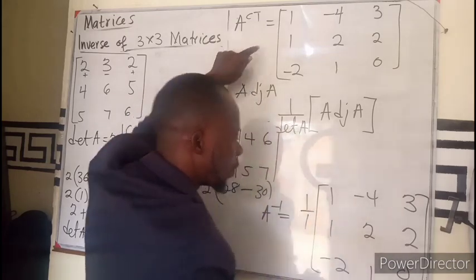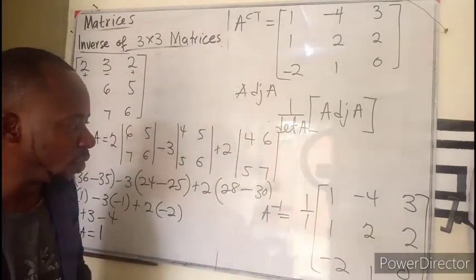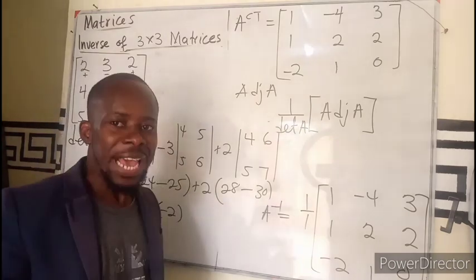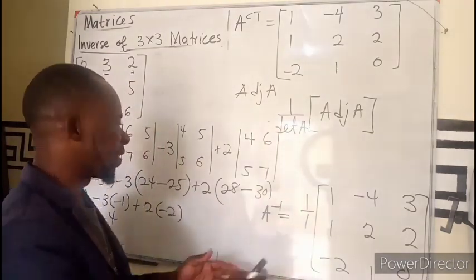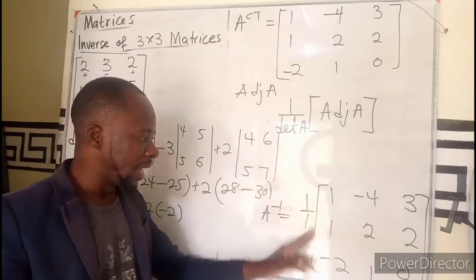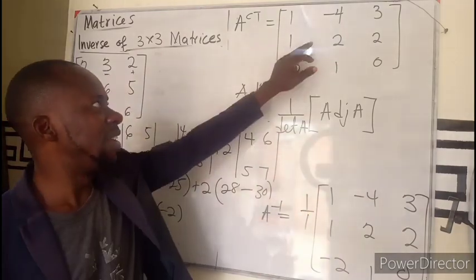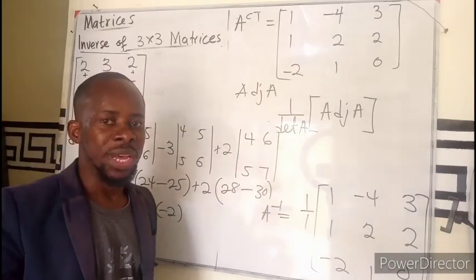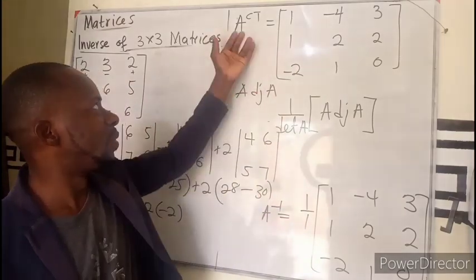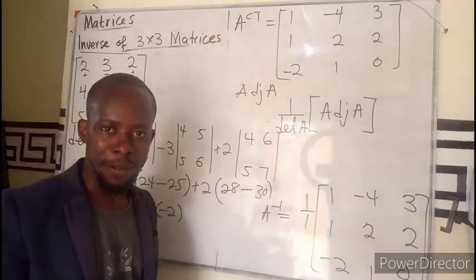So this is our inverse. Don't forget, 1 divided by 1 is 1. So in the next, after this, we'll be cleaning this out, maintaining this, meaning your inverse is the same as the adjugate or the adjoint. Better still, the transpose of the cofactor.